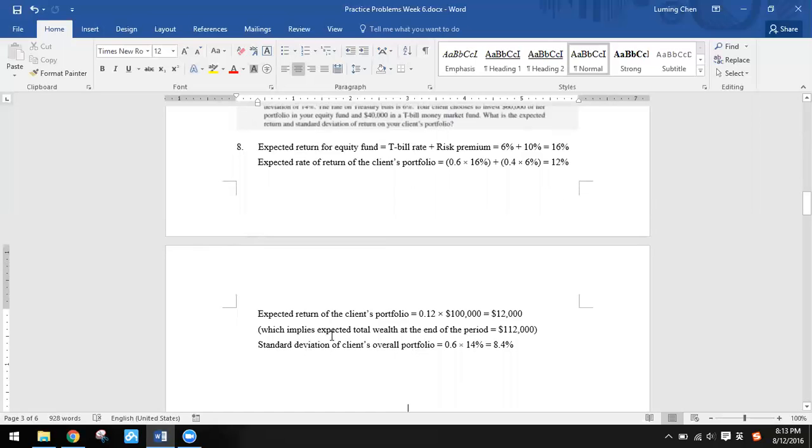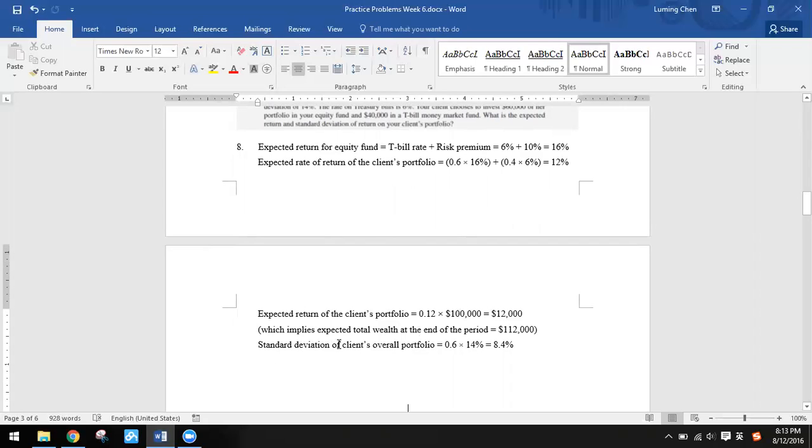If we transfer it into the dollar amount, it will be $12,000. And the standard deviation, the same as in the previous questions, T-bill has no standard deviation.